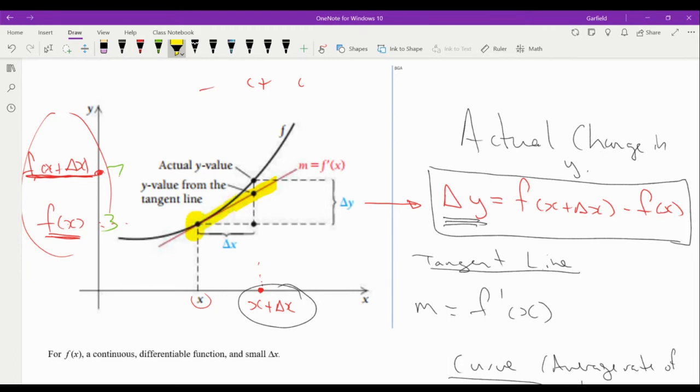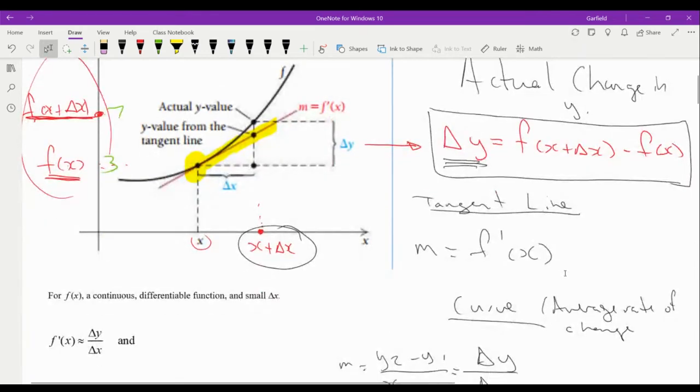And at the point of tangency right here, they're the same. So the tangent line has the same slope as the curve at the point of tangency. Do we remember that? No one remembers that? That's how we went from, in the very beginning, from chapter 1.